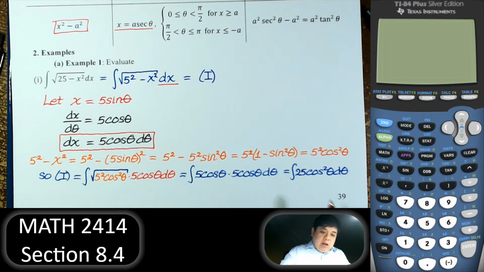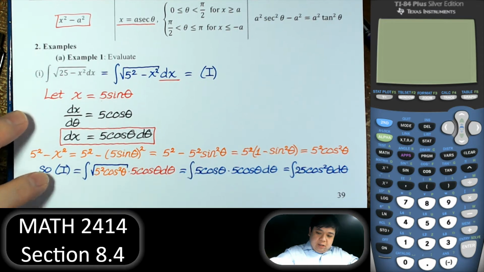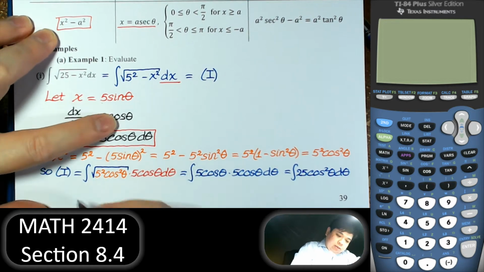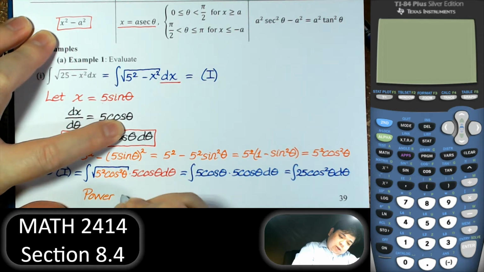Right. Now 25 cosine squared, we did this in the previous section. Whenever we see this, that is the power reducing identity.